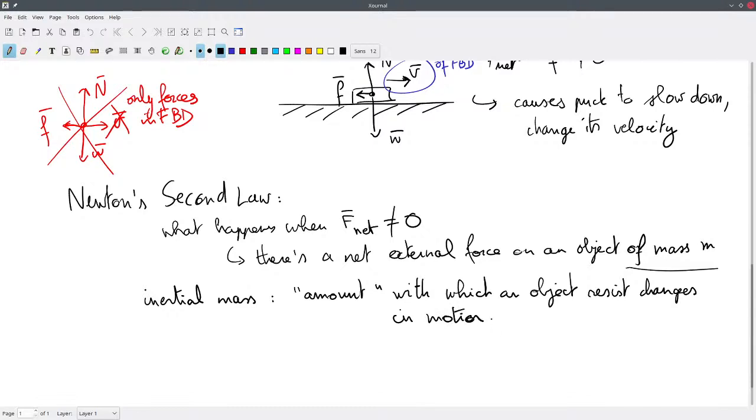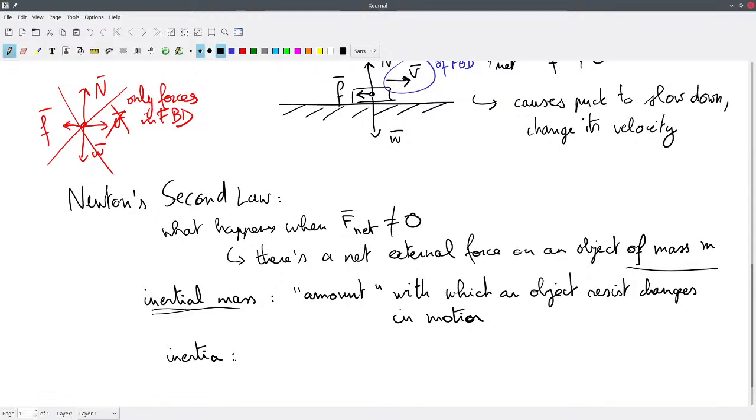So an object with a large mass will resist changes in its motion more than an object with a small mass. Heavier objects will require a larger force to change their velocity, so they will have a larger inertial mass.